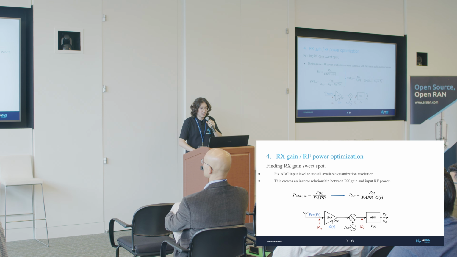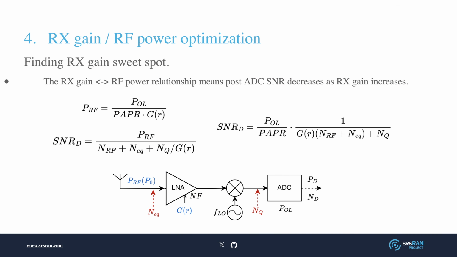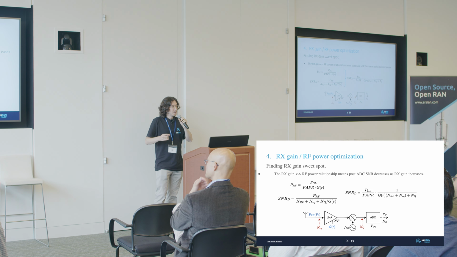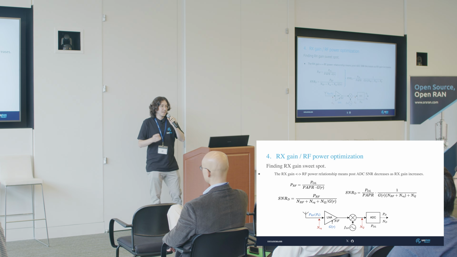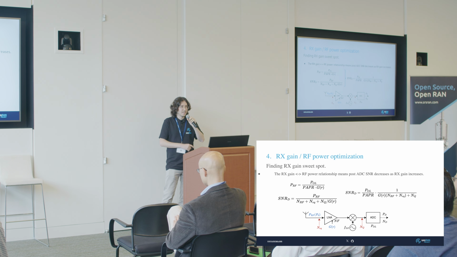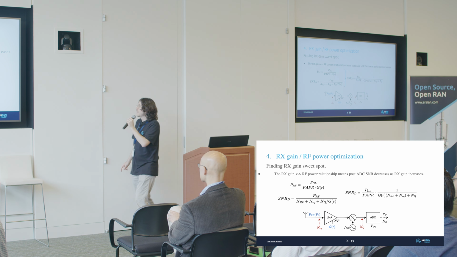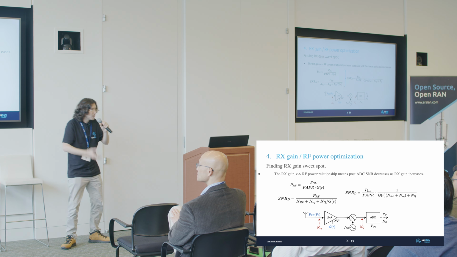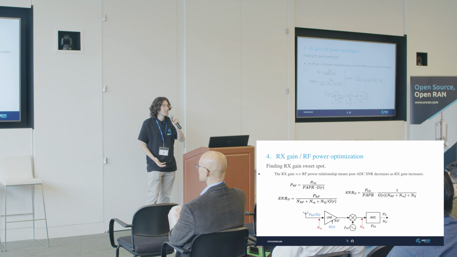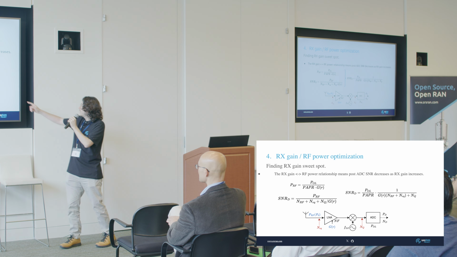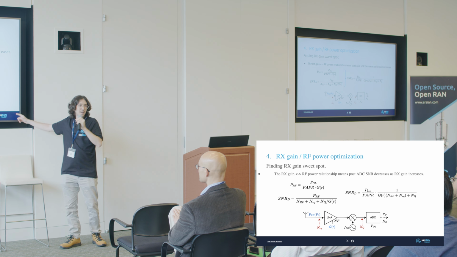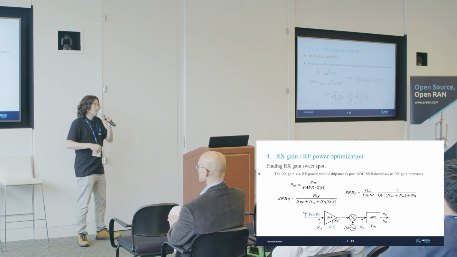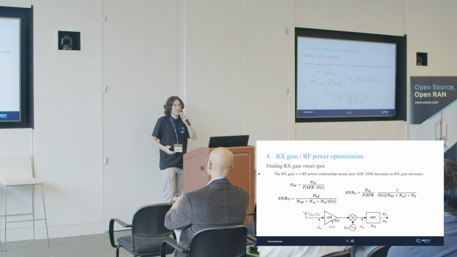And now, if I combine both of them, I see the real picture. The real picture is that once I establish this inversely proportional relationship between the receive gain of my system and the RF power that I expect at the input of the antenna, I see that if I increase the receive gain, because this forces me to have less power at the input, it actually has the effect of making the RF noise and the internal noise contributions that are before the LNA much more prominent in the overall SNR computation.